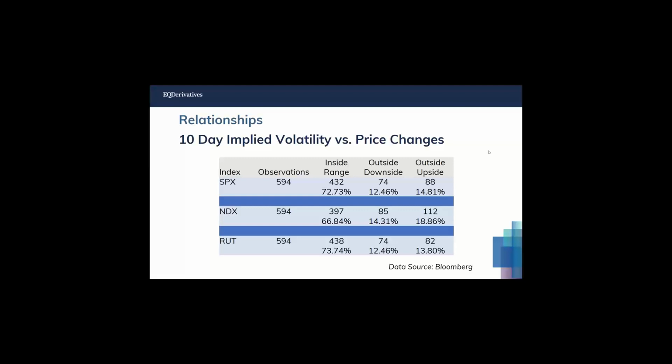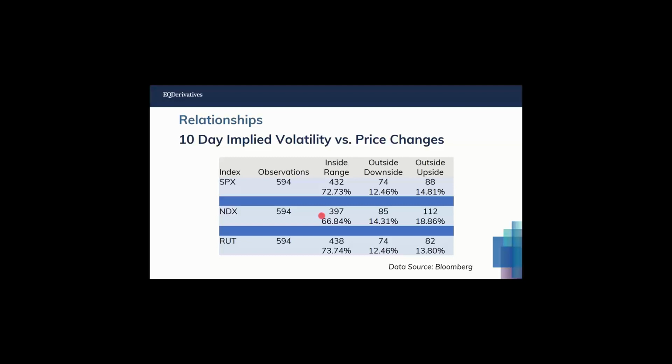And a couple of things really caught my eye with this. The first thing is right here. I was really surprised; I expected all three of these numbers to be very similar. And basically, the SPX and the Russell 2000 numbers are in line with each other.